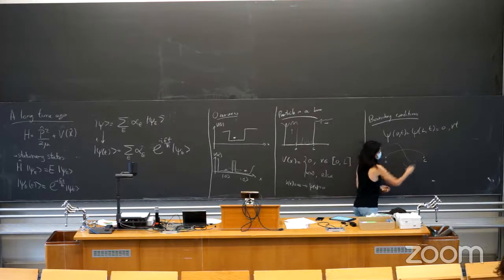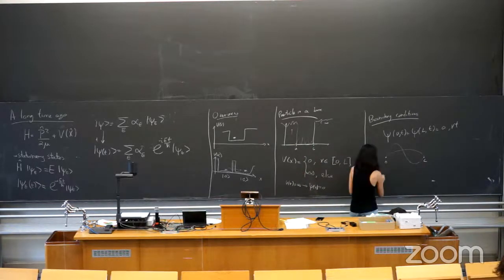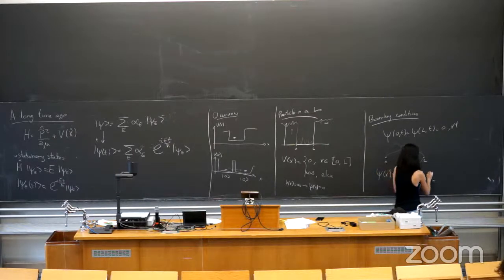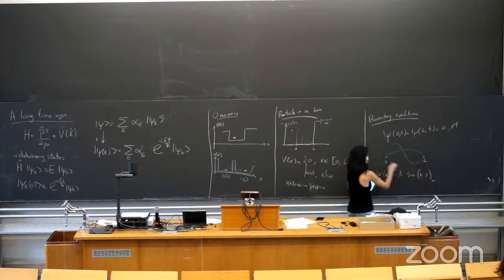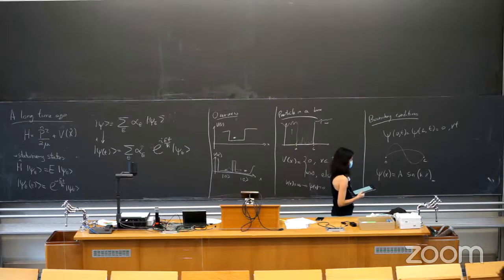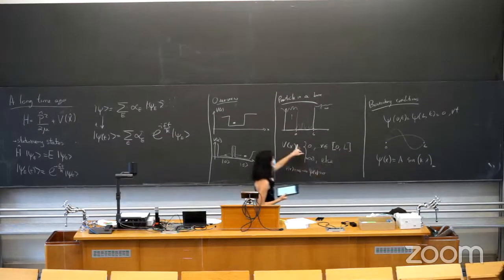So in general, wave functions of the form a sine of kx, sine because sine of 0 is 0, but then it needs to satisfy the boundary condition, so it cannot just have any wavelength.